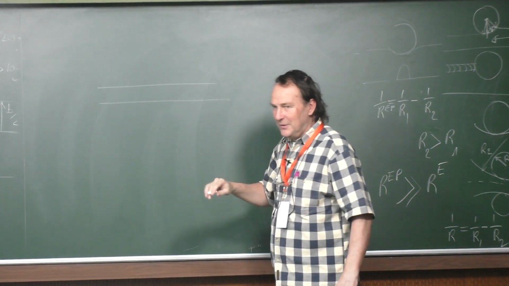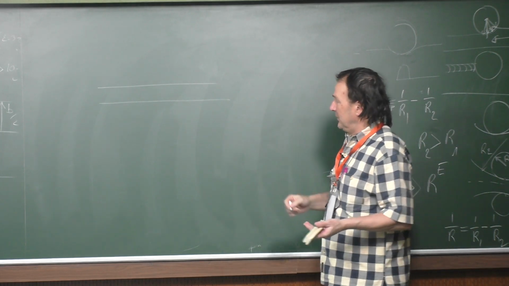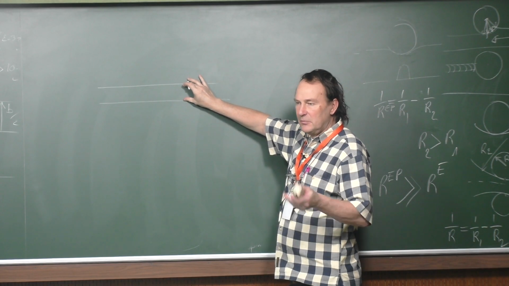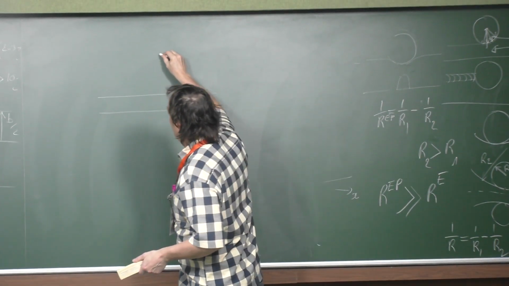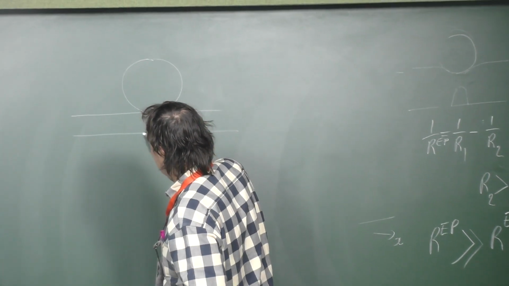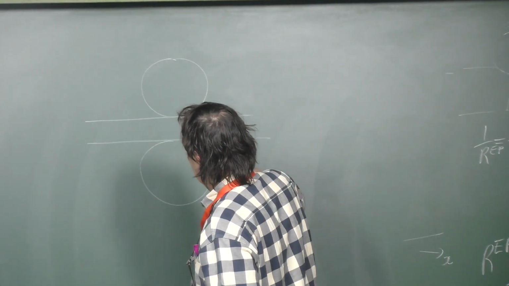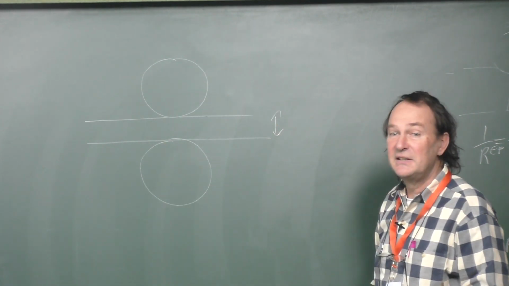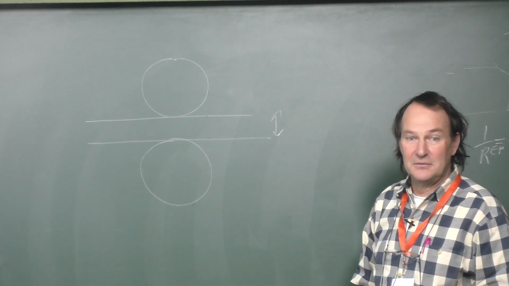Okay, I translate what he said. I have this problem, I have a thin sheet like that, can be in steel or in polymer, it doesn't matter. I have two rollers, one on the top, one on the bottom. Because here we have a finite length, a finite thickness, is the Hertz theory valid or not?